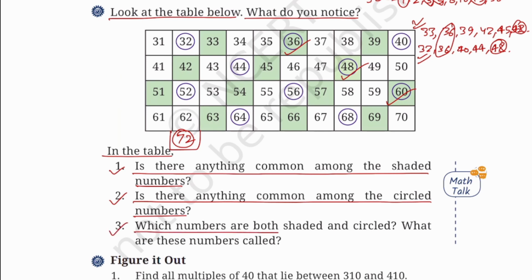Which numbers are both shaded and circled? What are these numbers called? Numbers that are shaded as well as encircled are 36, 48 and 60. These numbers are called common multiples.